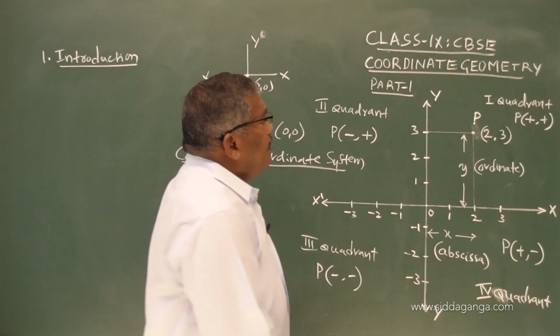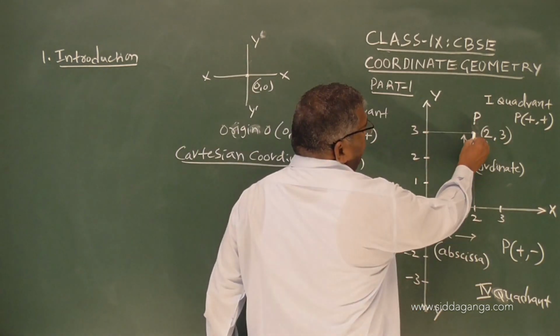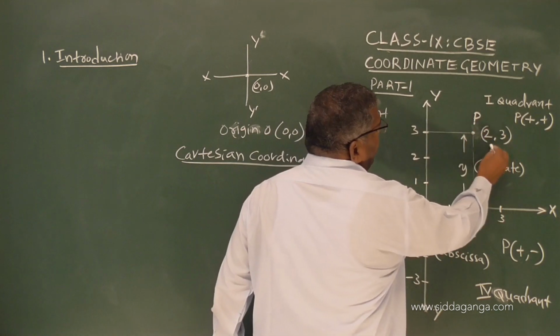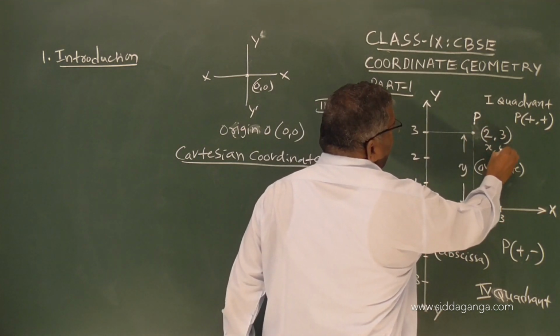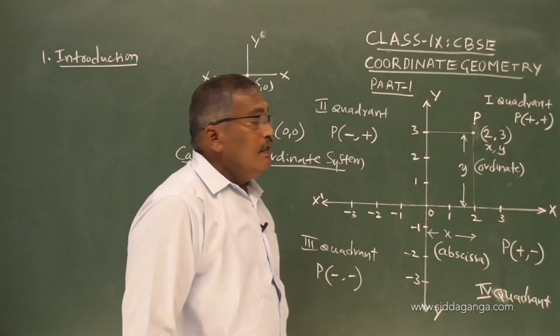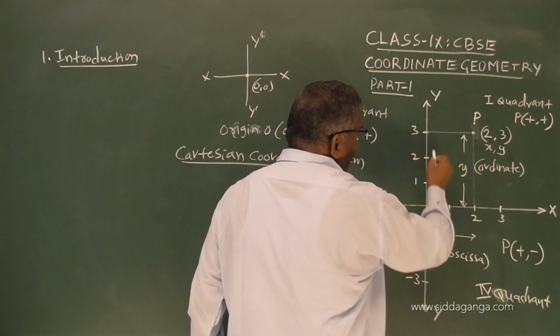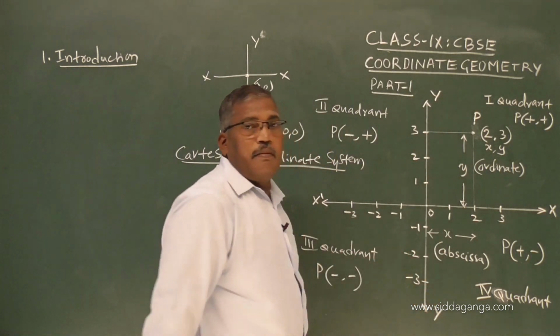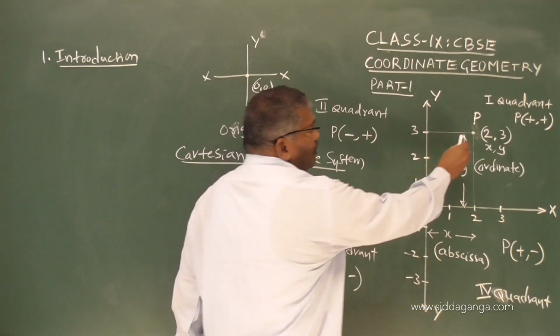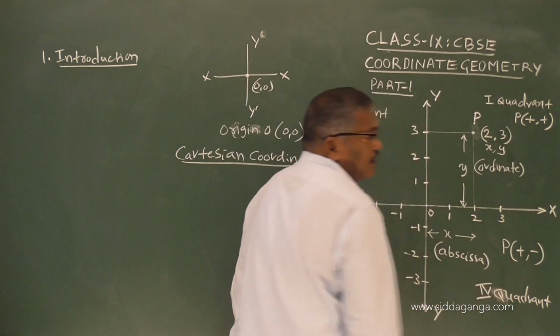Next, if any point P is called as P(x, y), then x is the distance of that point from the y-axis, and y is the distance of that point from the x-axis.